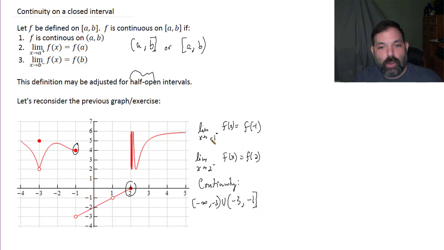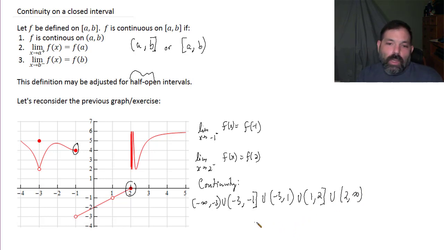Since the limit as x approaches negative 1 from the left of the function is equal to the function at negative 1, I can say that the function is continuous on the interval negative 3 open to negative 1 closed. The function is then continuous, again, from negative 3 to 1, and then from 1 to 2, closed at 2. And then again, from 2 to infinity.